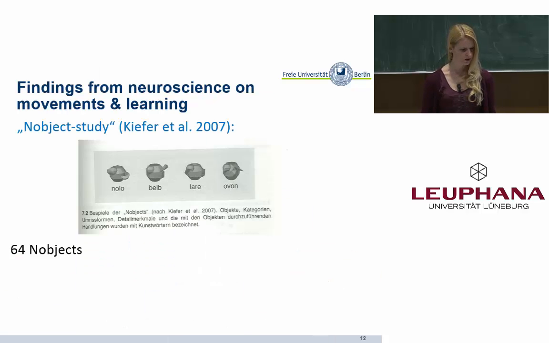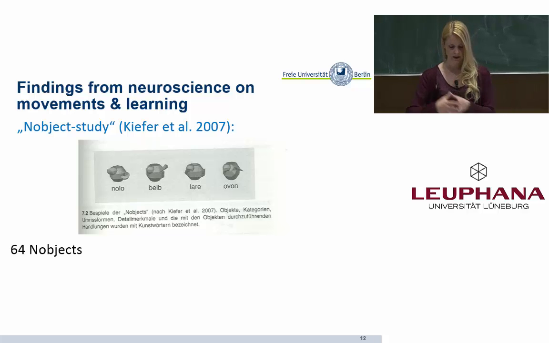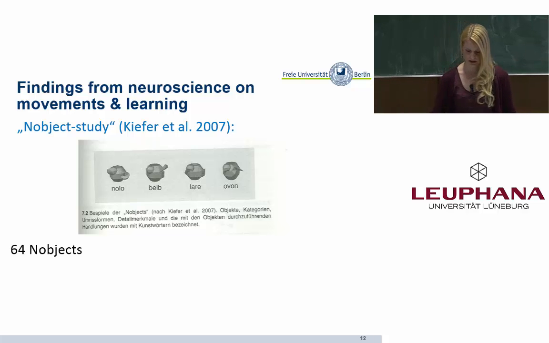A couple of years ago, I came across several studies from neuroscience that investigated the effects of movement-based learning in contrast to learning without movements, such as the so-called NOBJECT study by Kiefer et al.